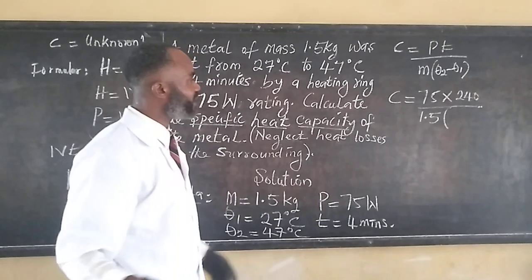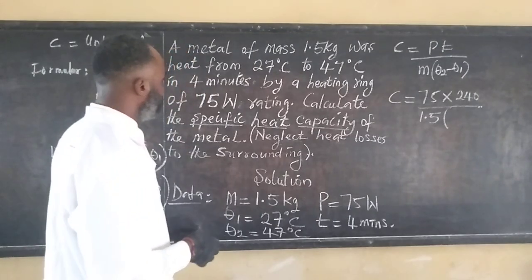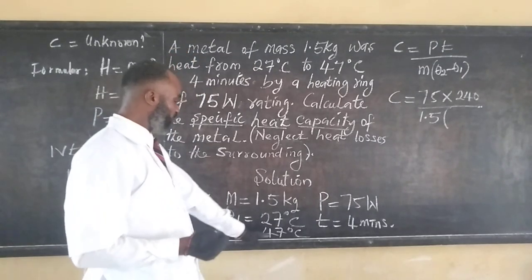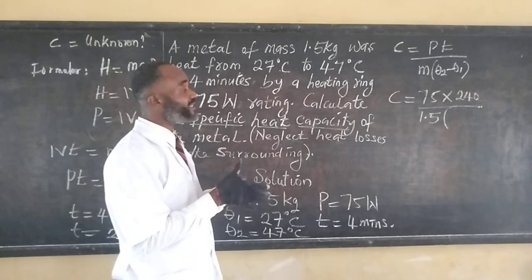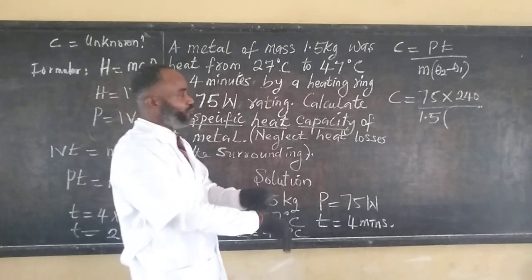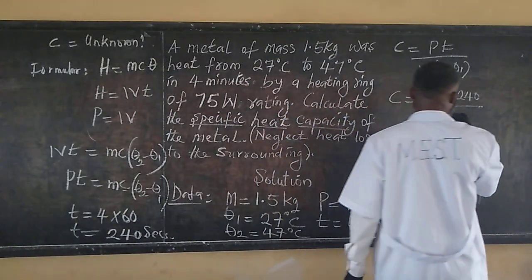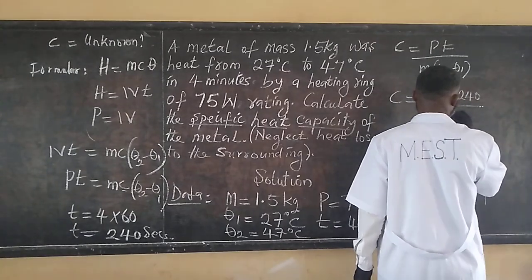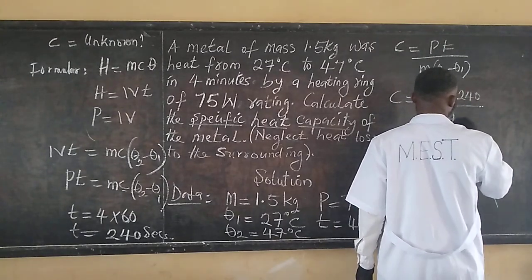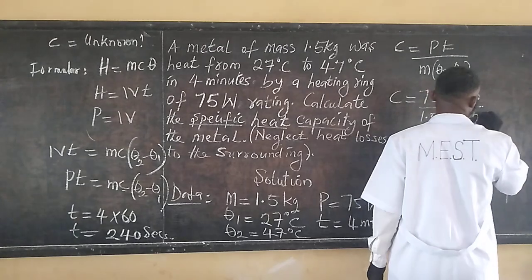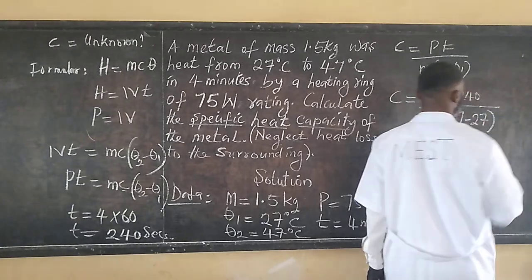So what do we have? Theta 2 is 47, theta 1 is 27. Good, we're making progress. So we substitute here with 47 minus 27, brackets close.